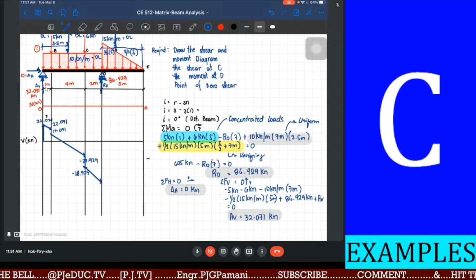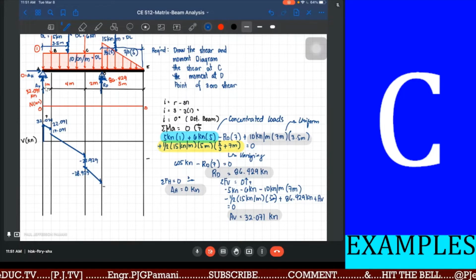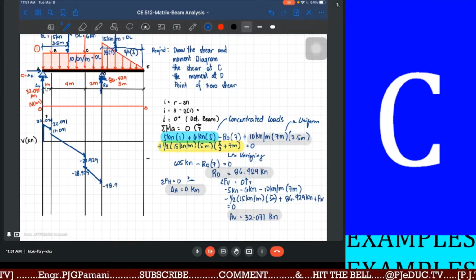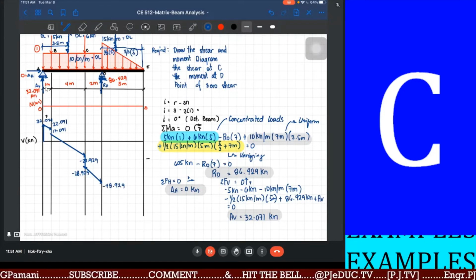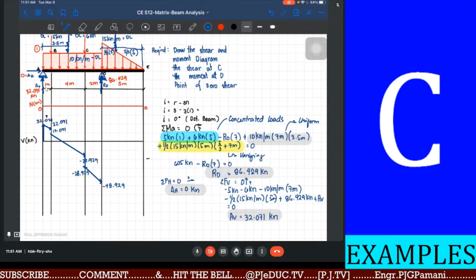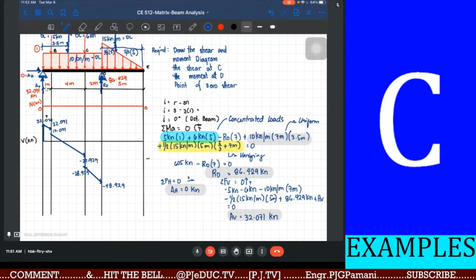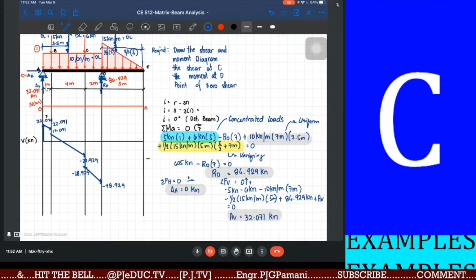So, we have there negative 48.929 kilonewton. Then, note that there is a reaction at the roller support acting upward.